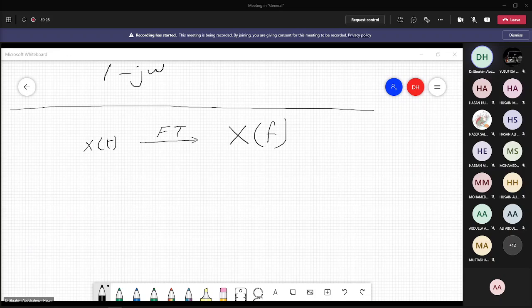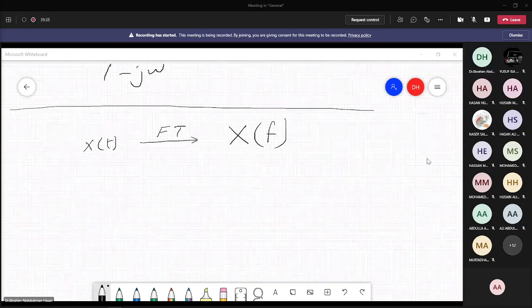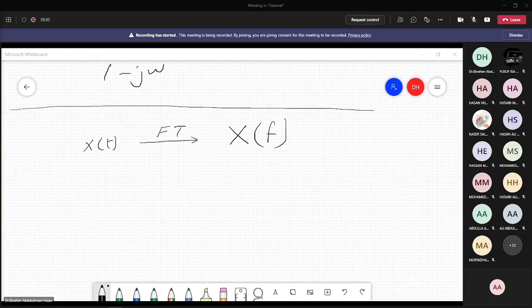Then just replace this one, and it becomes x of t.